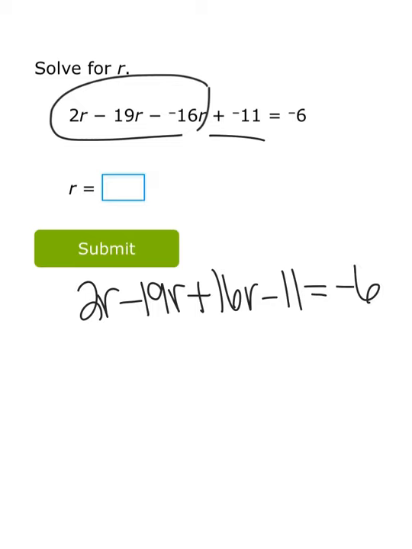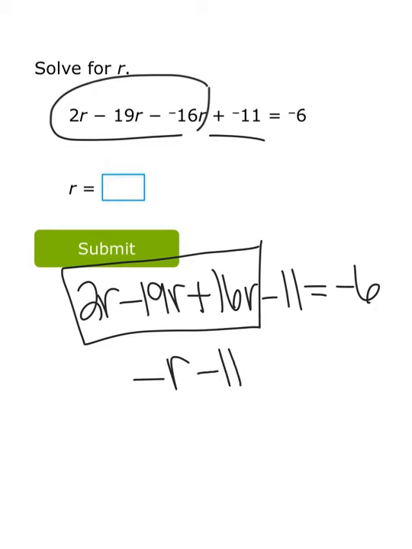To me, this just makes it a lot cleaner and not so many signs happening up there. So now let's just combine these r's. I have 2r minus 19r plus 16r. So that would give me negative 1r. And then I still have minus 11 equals negative 6.